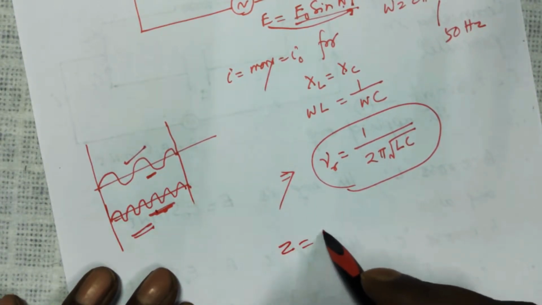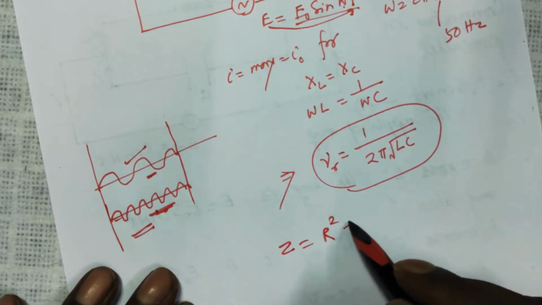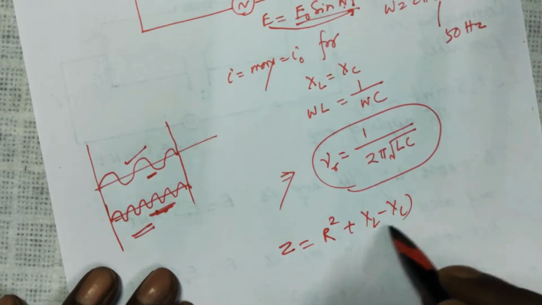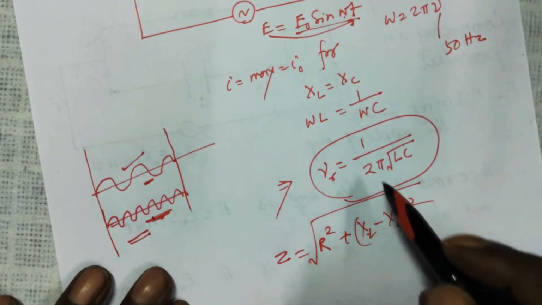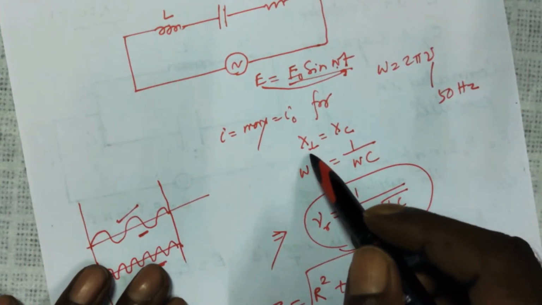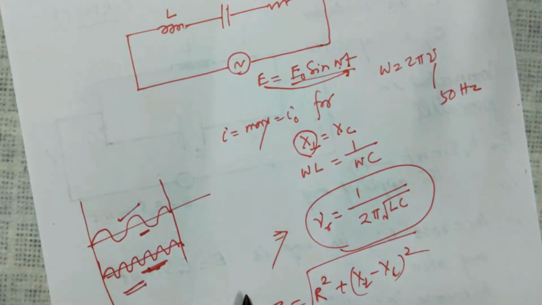Z was equal to the square root of R square plus XL minus XC whole square. XC is the resistance offered by the capacitor, and XL is the resistance offered by the inductor.